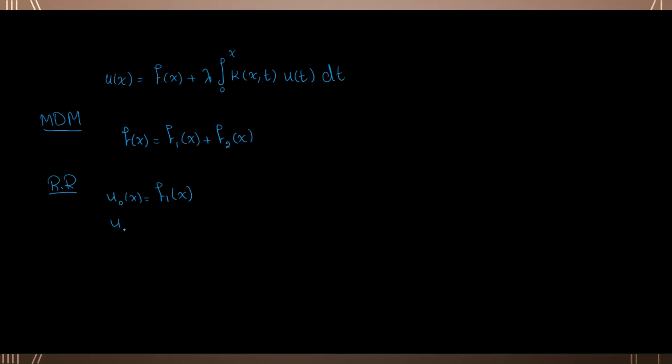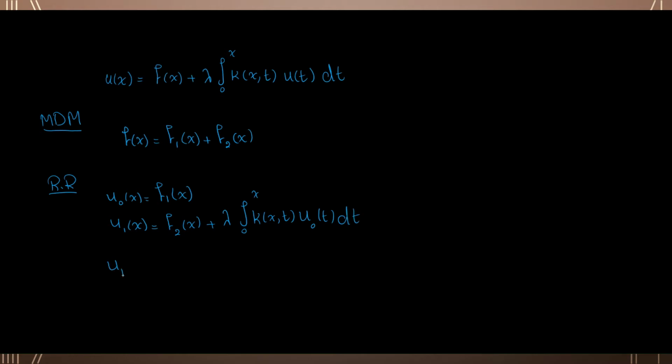and then u1 of x will be f2 of x plus lambda, the integration from 0 to x, k of x and t, u0 of t dt.